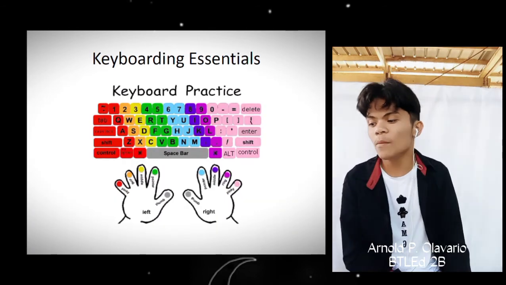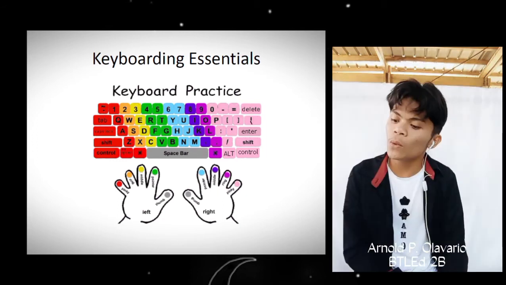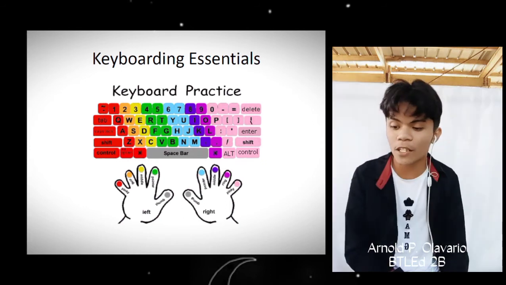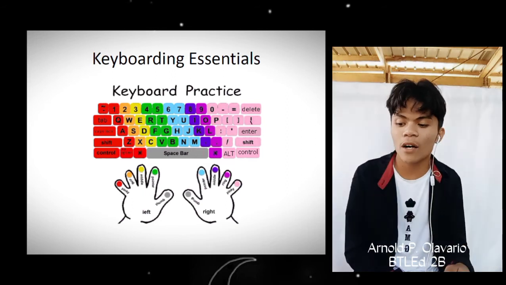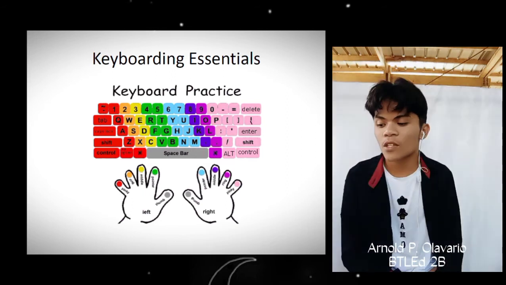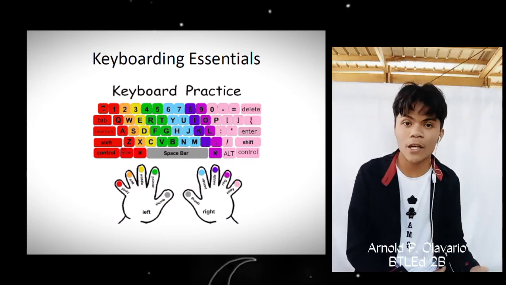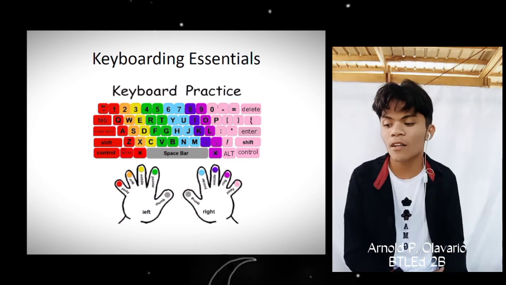Then, we have the keyboarding essentials. Once you have mastered the fingering on the keyboard and consistently use the same finger for a letter, you automatically remember where the finger goes without conscious thought. Through sufficient repetition, of course we will practice so that we become better at encoding.